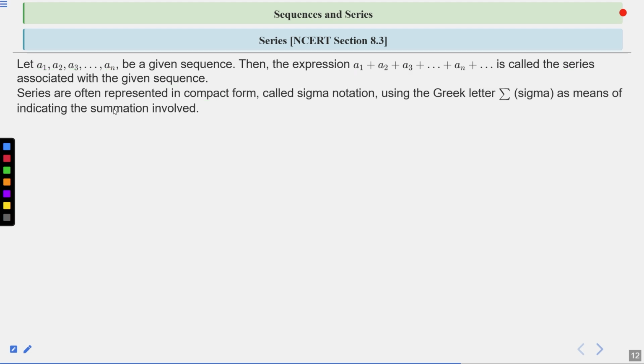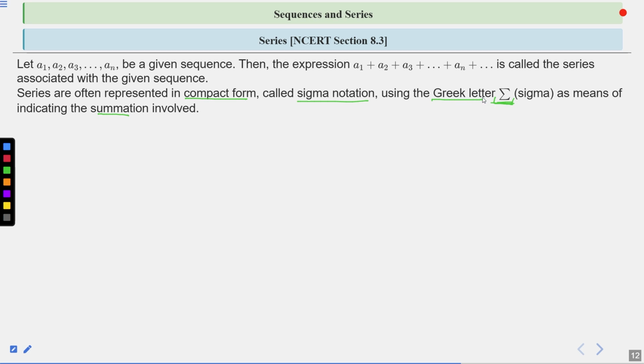Series are often represented in compact form using sigma notation, a Greek letter, sigma, as a means of indicating the summation involved. So this represents nothing but the summation.